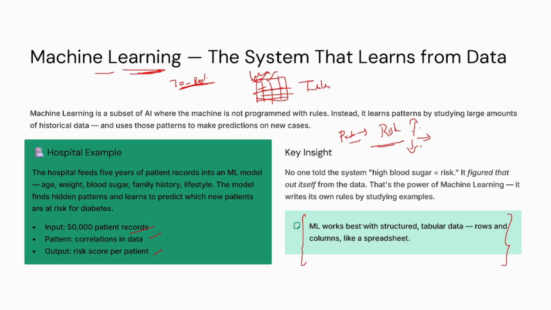Machine learning is a subset of AI, wherein the machine will understand the patterns, the relationship between your x and y, and build an equation so that you use this equation to predict the next set of data, right? Also this is important, it works really well for structured or tabular data, right? So this is machine learning.